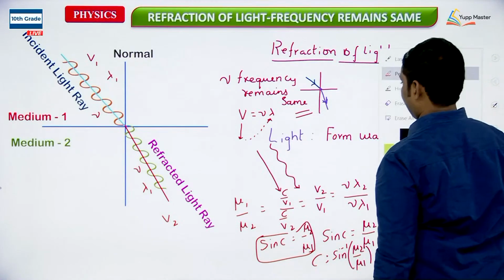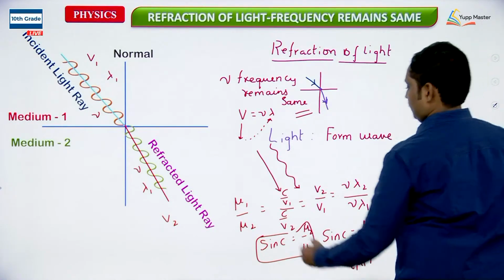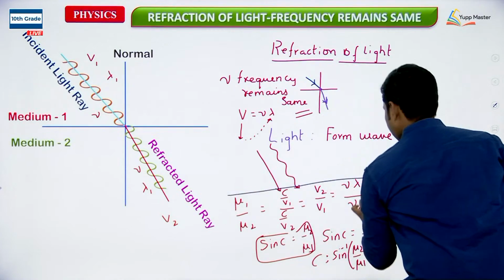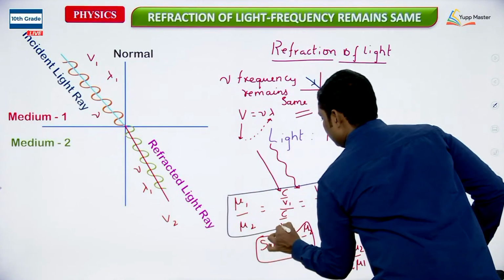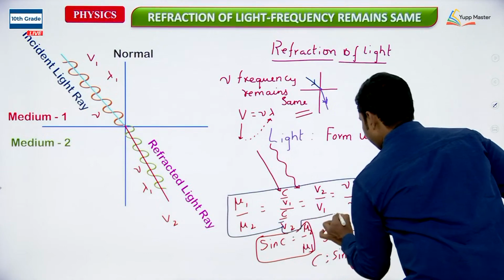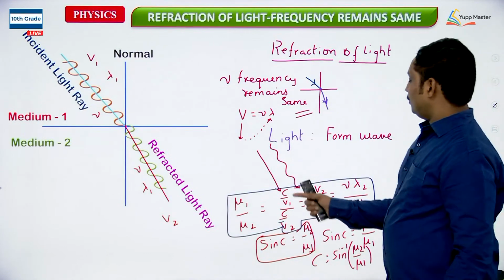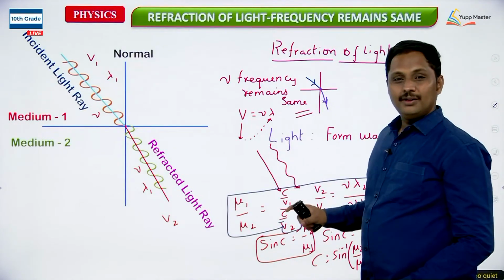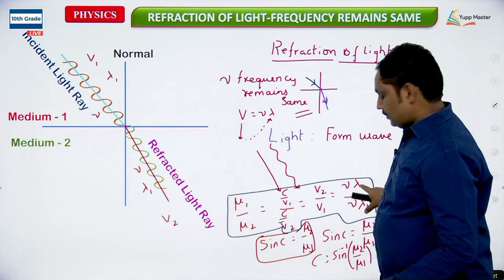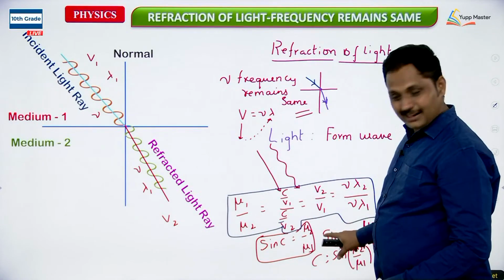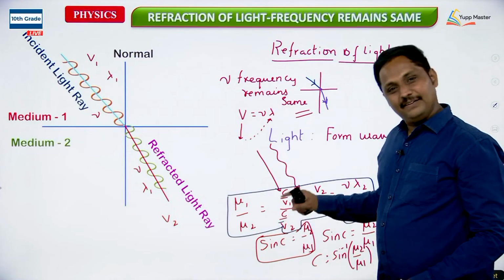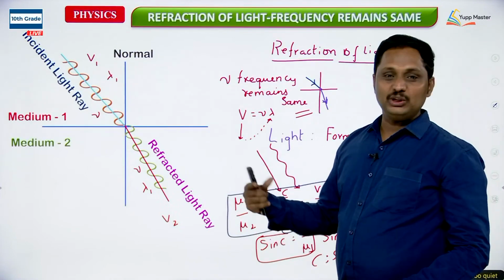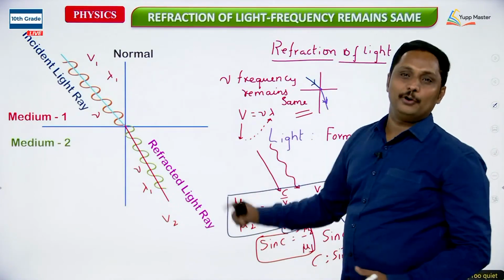Now please take note, this is a very important relation. Keep it in mind to solve the problems. If they want to know about wavelength, critical angle, refractive index and the speed, you can calculate by knowing these relations, all of which are very, very important and useful.